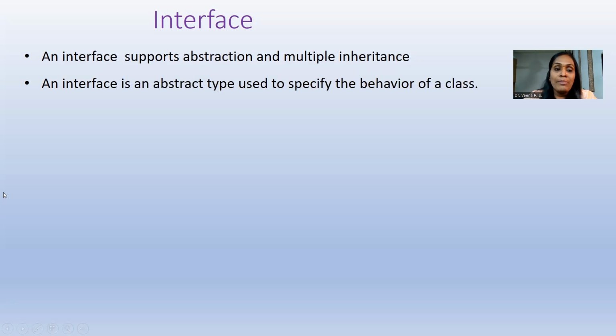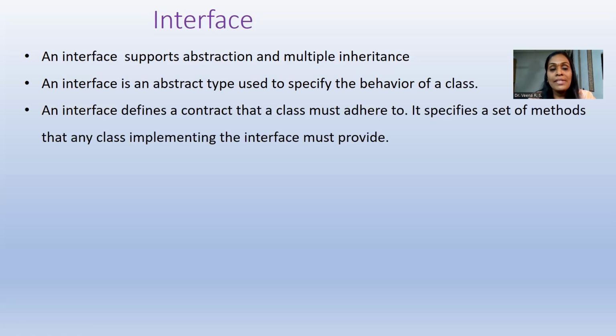So an interface is basically an abstract type used to specify the behavior of a class, how the class behaves. The specification of the behavior of a class can be given in an interface. That's why you can call an interface an abstract type. An interface defines a contract that a class must adhere to. It specifies a set of methods that any class implementing the interface must provide.